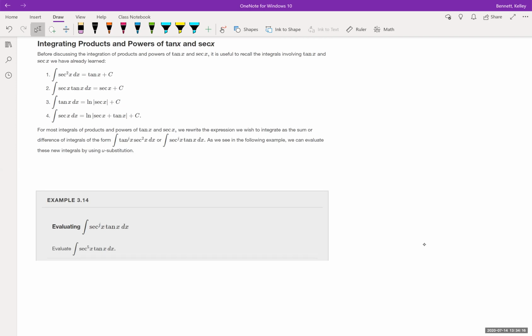So we have the nice property that, well, actually here, this is probably more interesting. We know that sine squared x plus cosine squared x equals 1.